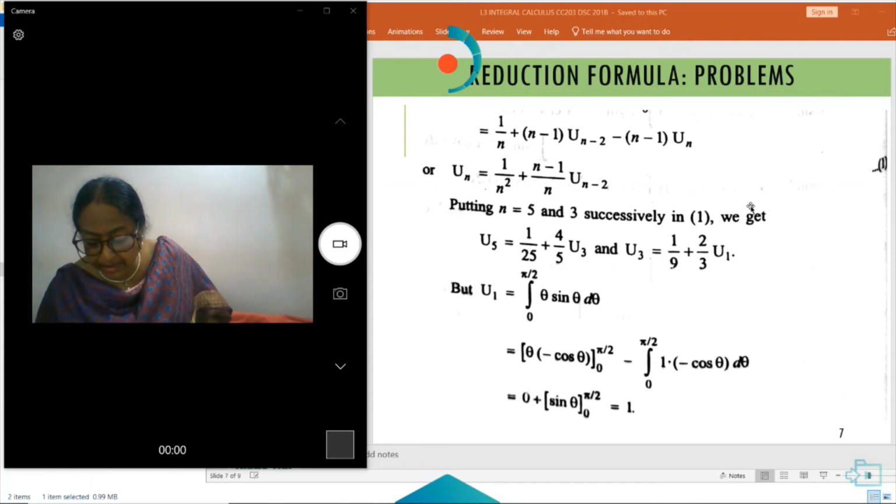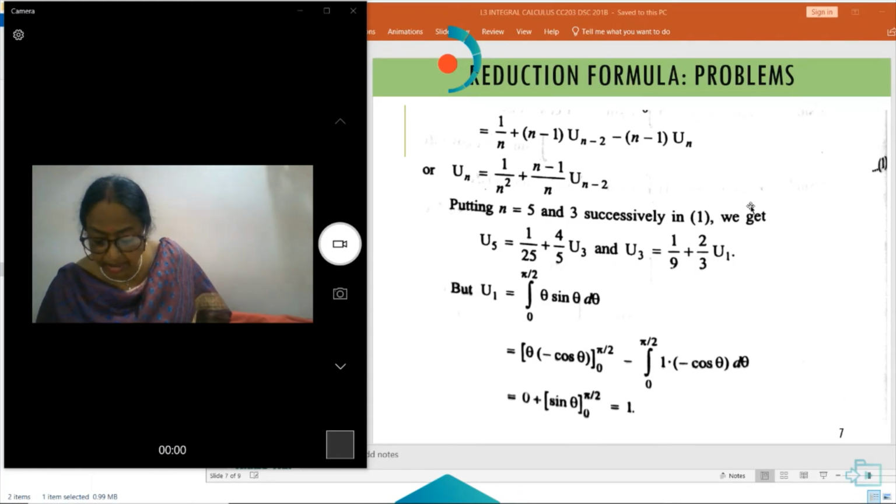So we can write Un is equal to 1 by n plus n minus 1 Un minus 2 minus n minus 1 Un, or Un is equal to 1 by n square plus n minus 1 by n into Un minus 2.